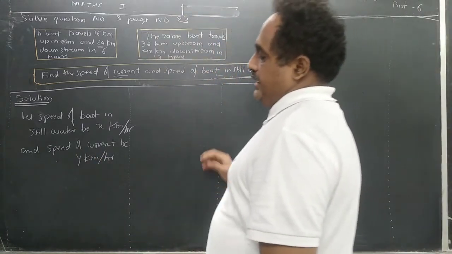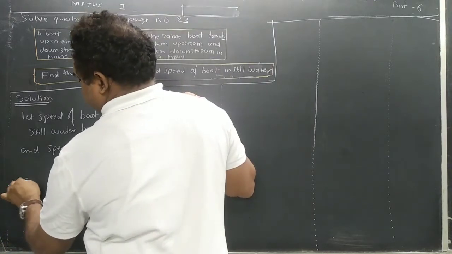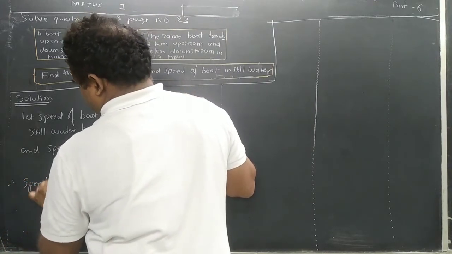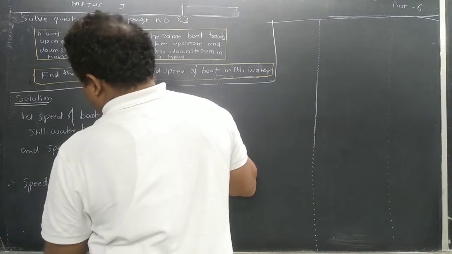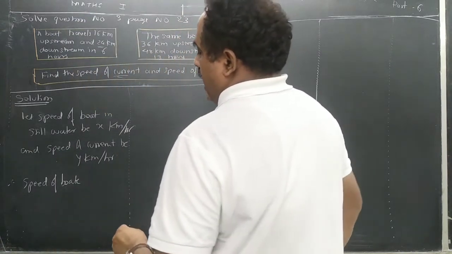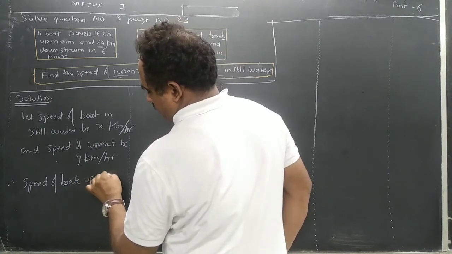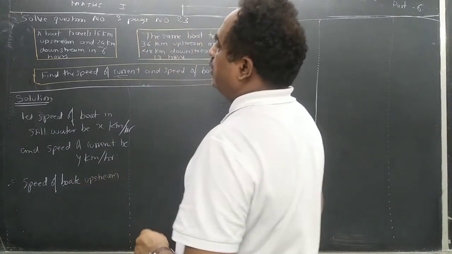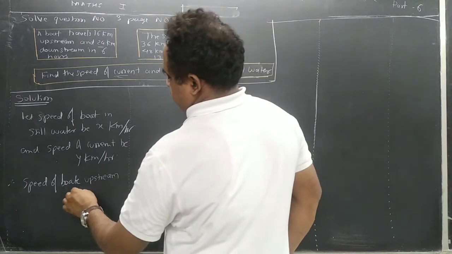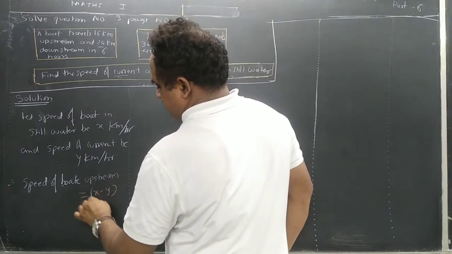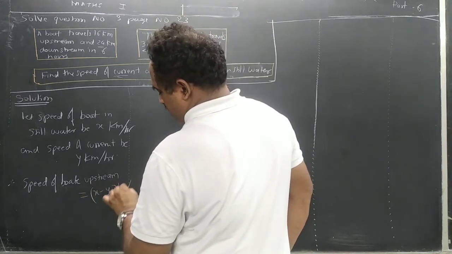Then we are going to write, therefore, the speed of the boat upstream is equal to x minus y kilometer per hour.